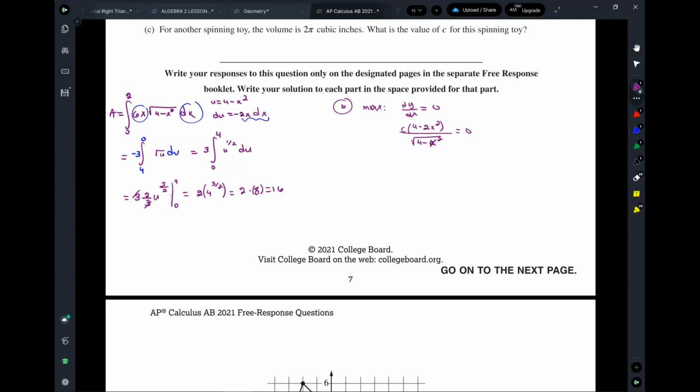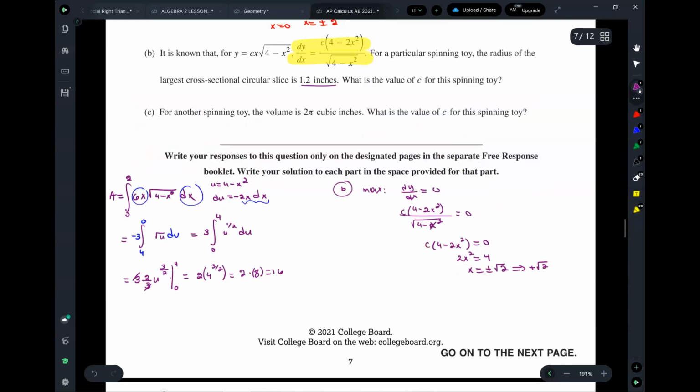So that's going to be c times (4 minus 2x squared) equal to 0. So 2x squared is equal to 4. x is plus or minus root 2. But since it's in the first quadrant, it's just positive root 2.